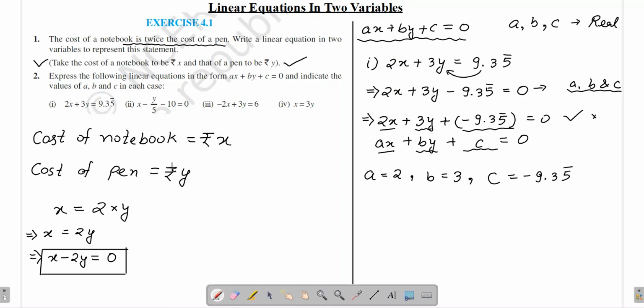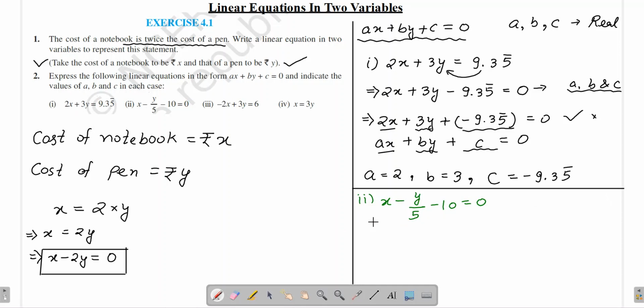Let's take example 2 over here. If I take the second question, sometimes it lags, that's why it happens. So x minus y divided by 5 minus 10 equals to 0.